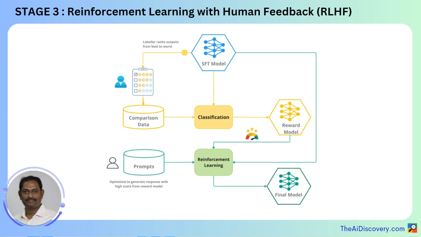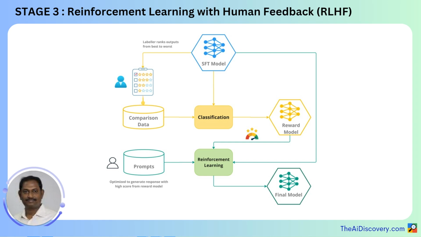The supervised fine-tuning model is taken, and then a human agent gives the request and gets multiple responses. Then a human labeler ranks all those responses for the same request from best to worst. This is called a comparison label.